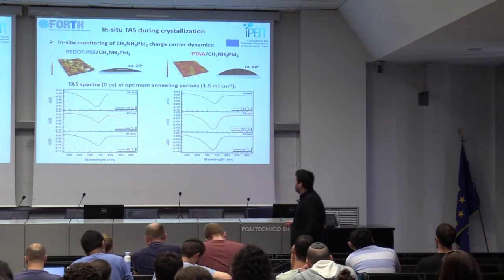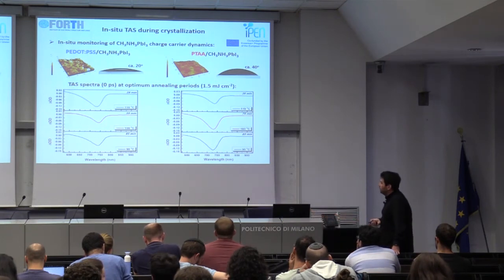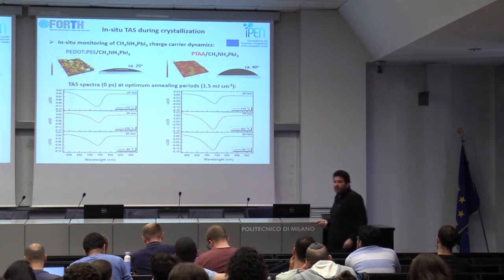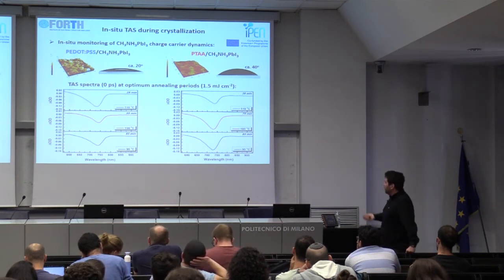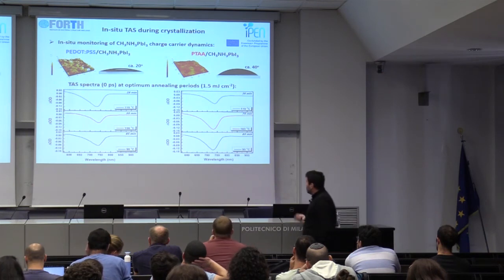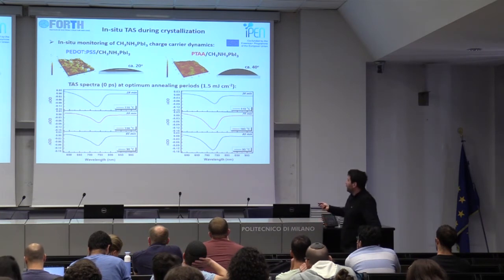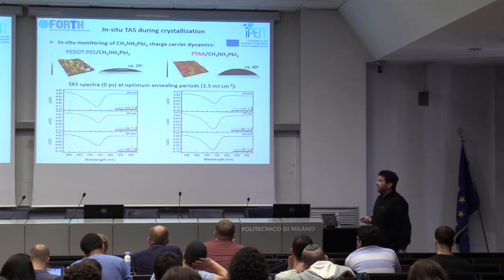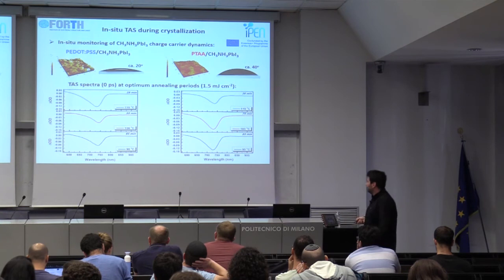And just to briefly show you, here is the delta OD plot at the time duration when the optimum annealing charge extraction dynamics were revealed. And you can immediately see that in the lower annealing temperature, this occurs at the same time for both PEDOT and PTAA, whereas when we go at the 100 degrees, the optimum annealing period is faster for the PEDOT:PSS polymers, 55 minutes here instead of 75 minutes here.